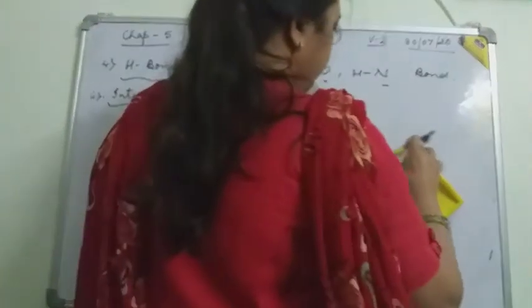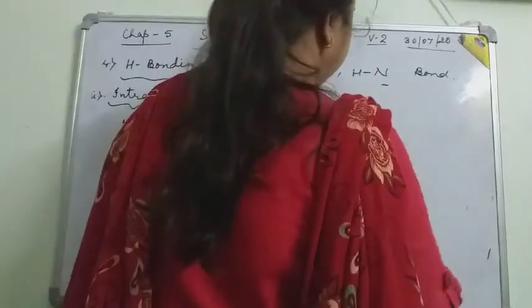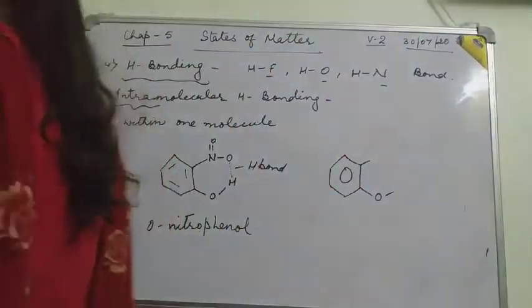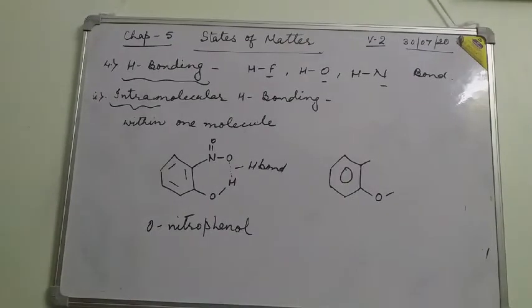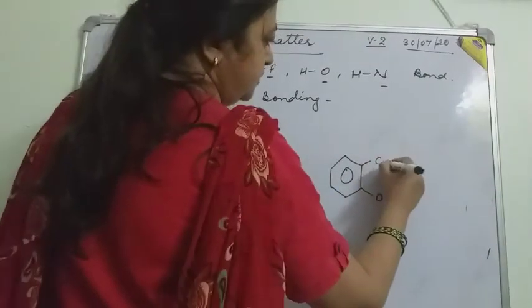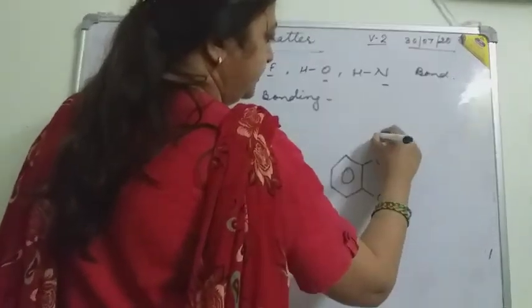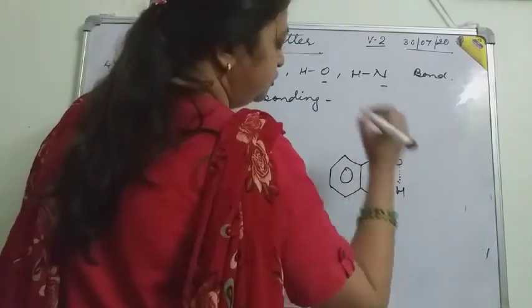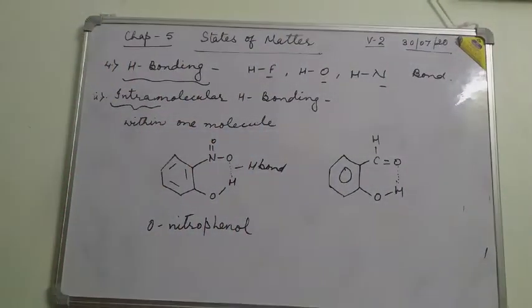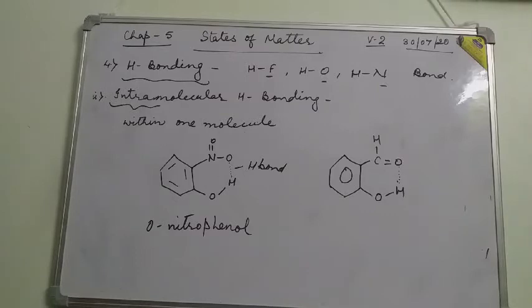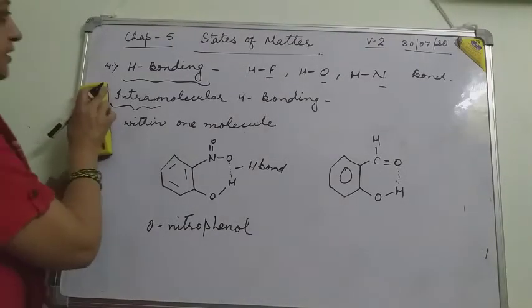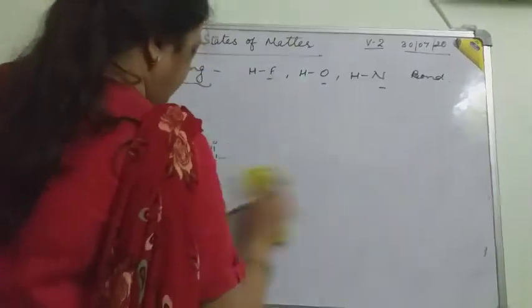Or if CHO, an aldehyde group, is present here, with double bond CO, and alcohol here, the bond between these two is also intramolecular hydrogen bonding. These are examples of intramolecular hydrogen bonding. We will discuss it in detail when we discuss organic chemistry.